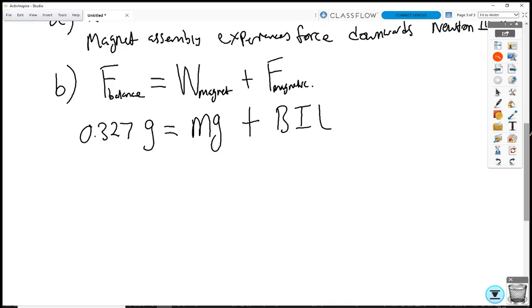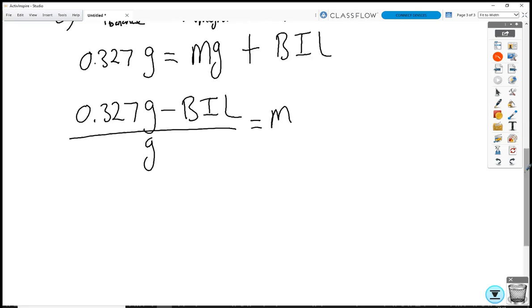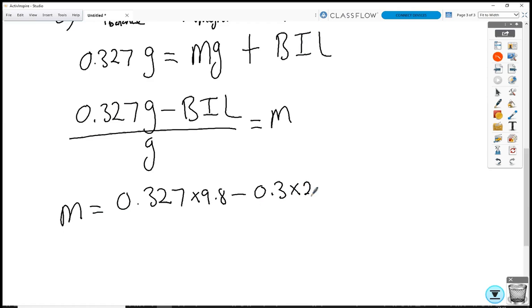So let's just rearrange this. We've got 0.327 g minus BIL, all divided by g, is equal to the mass of the magnet assembly. And now we just put our values in. So m equals 0.327 times 9.8 minus 0.3 times 2 times 8 centimeters, so 8 times 10 to the minus 2, all divided by 9.8.